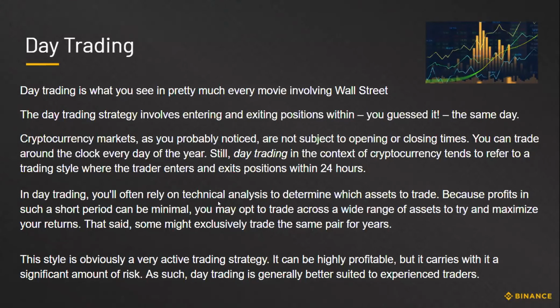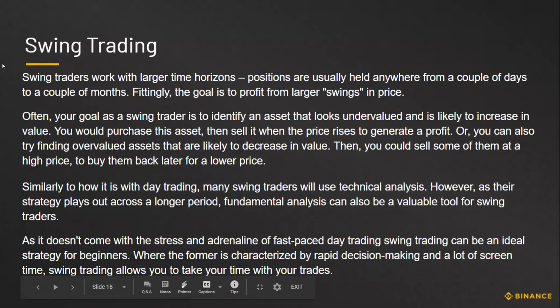And then also in day trading, you rely on technical analysis, which determines the assets you trade. It requires you to always draw charts, finding out which asset will go up in price or which one will drop in price so you can set your buy and sell orders. And day trading also requires you to trade more than one asset so that you can maximize the opportunities and the profits that you'll be making.